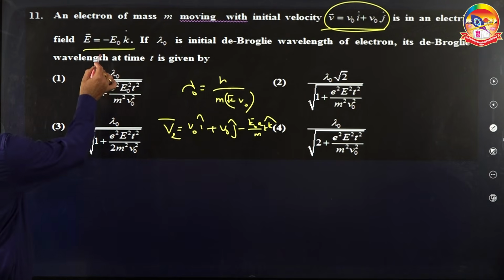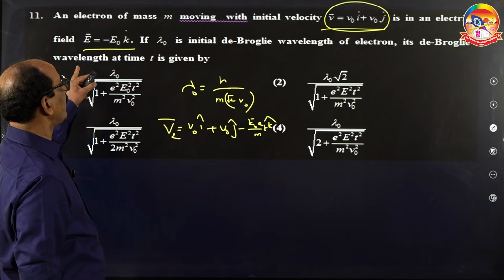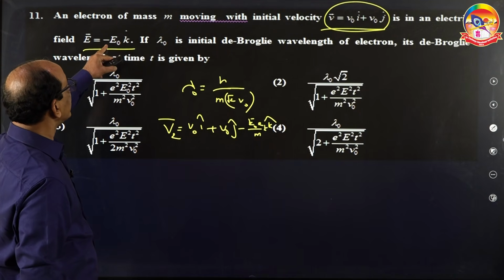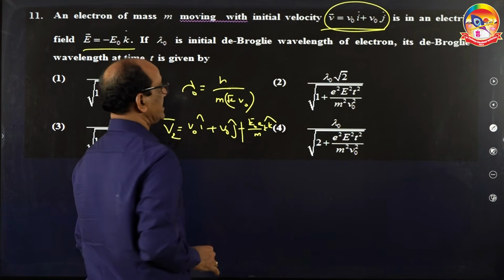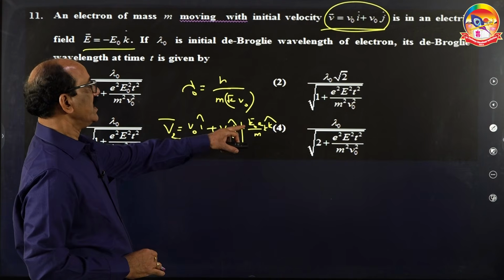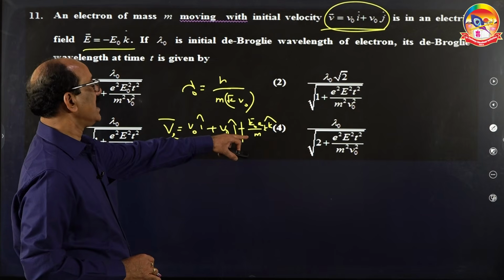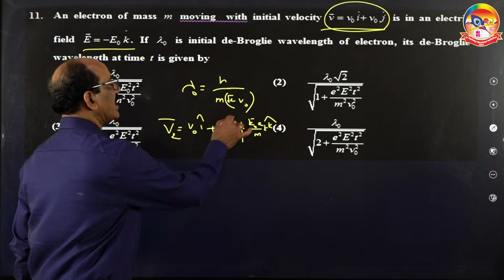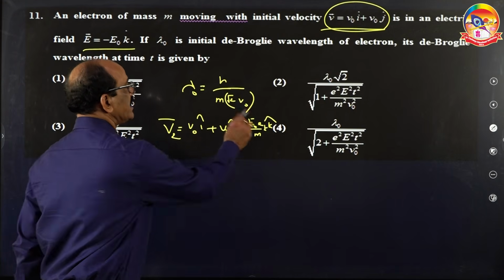I repeat, because of the electric field, it gets accelerated opposite to the direction of the electric field. As the electric field is given to be along the k cap, it should be minus. V is at, a is nothing but force by mass, force by the electric field is E naught e by m.